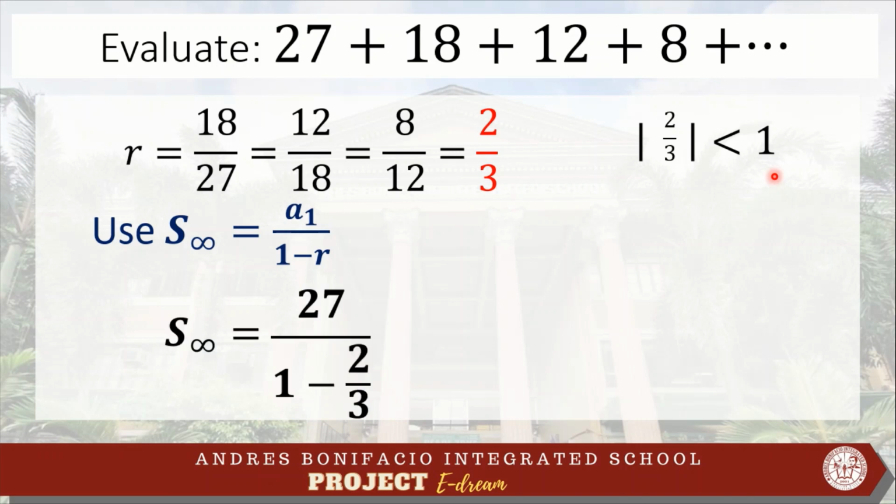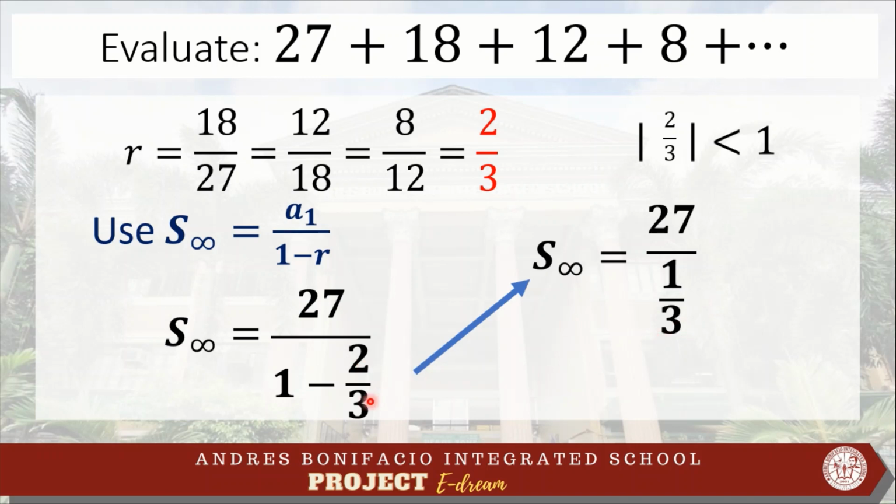Let us substitute the values of the first term, that is 27, over 1 minus the value of the common ratio, 2/3. So simplifying this, we have the sum to infinity is equal to 27 divided by 1 minus 2/3. That becomes 1/3.